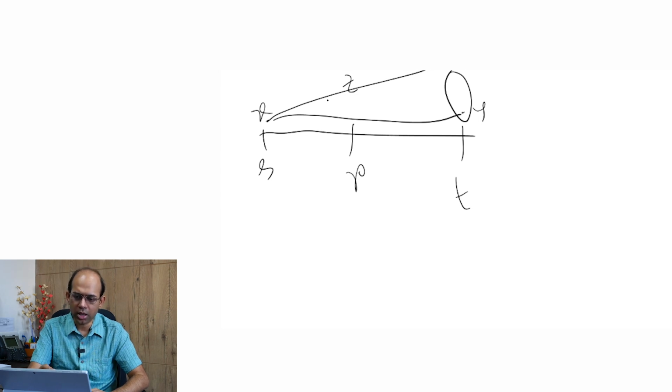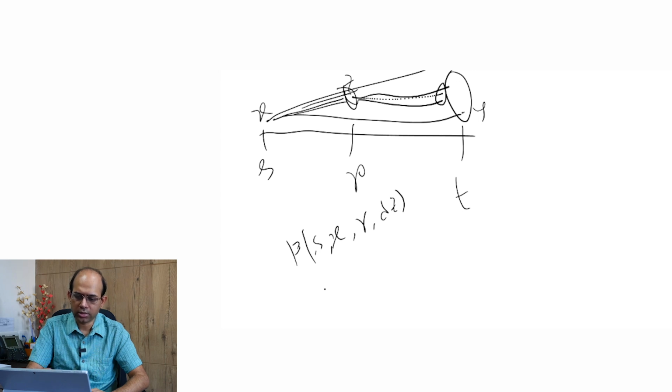In between, from s to r, p(s, x, r, dz) gives me the probability, and from r to t, p(r, z, t, dy), and then we integrate over all possible z.